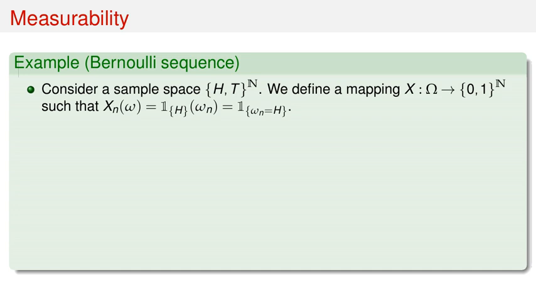Let's illustrate with an example, a Bernoulli sequence. Consider the sample space Ω equals {H,T}^ℕ, infinite coin tosses.